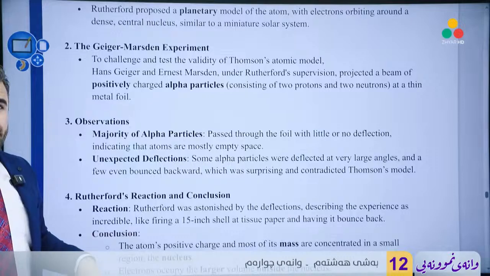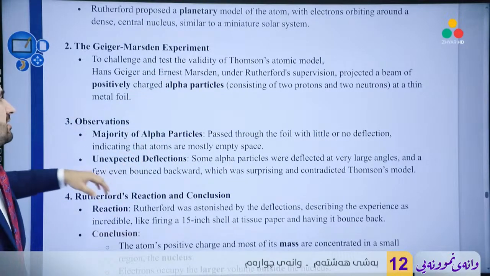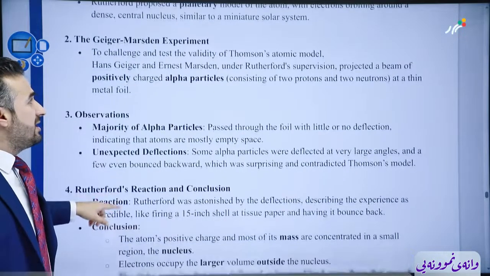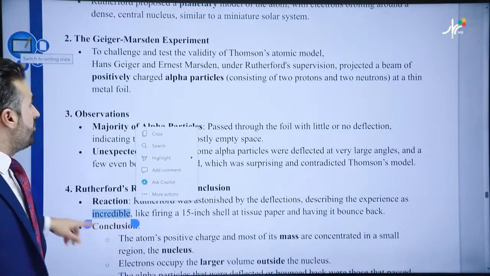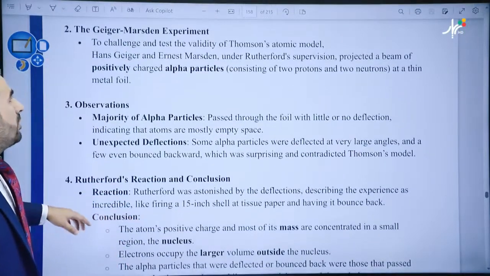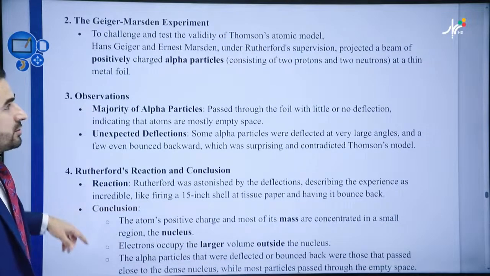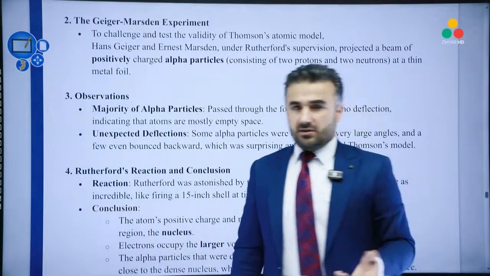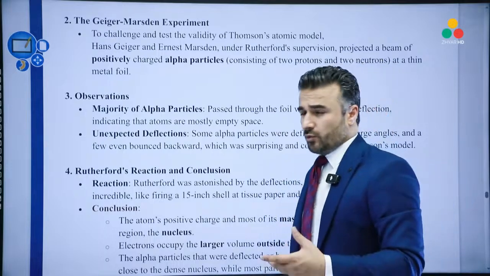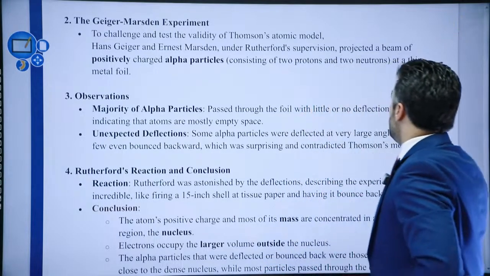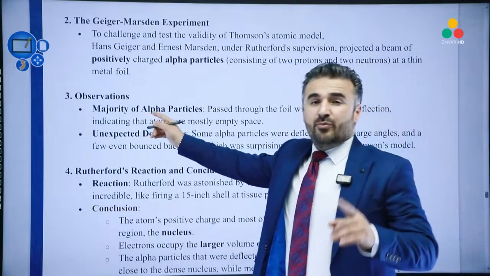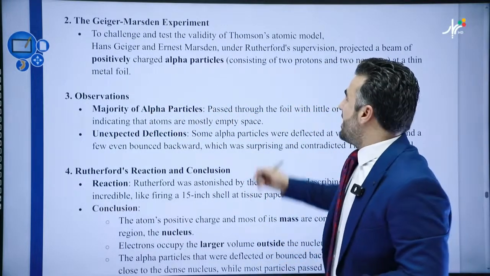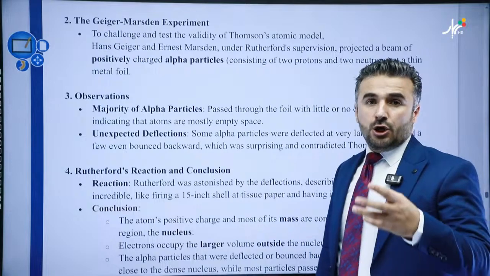There was an experiment which led to that theory. To challenge and test the validity of Thomson's atomic model, Hans Geiger and Ernest Marsden, under Rutherford's supervision, who was their supervisor, projected a beam of positively charged alpha particles at gold foil.